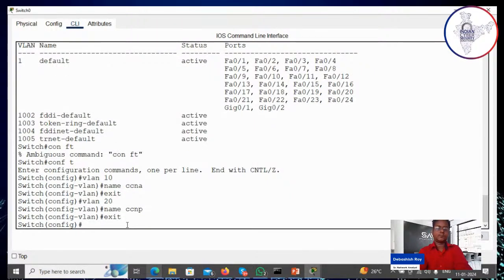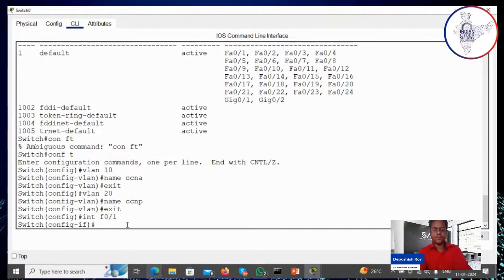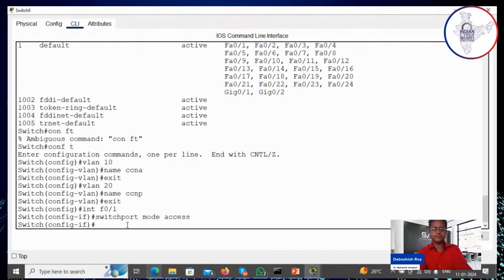Now go to interface 0/1. You have to first configure it as an access port: switchport mode access, and you assign VLAN 10: switchport access vlan 10.